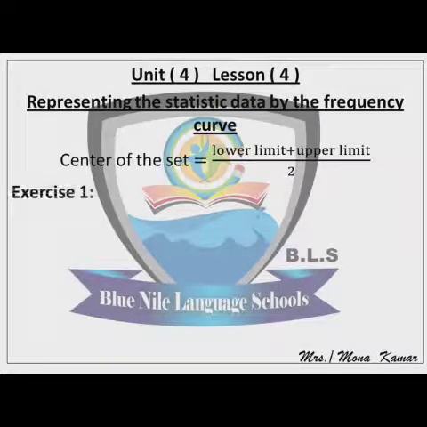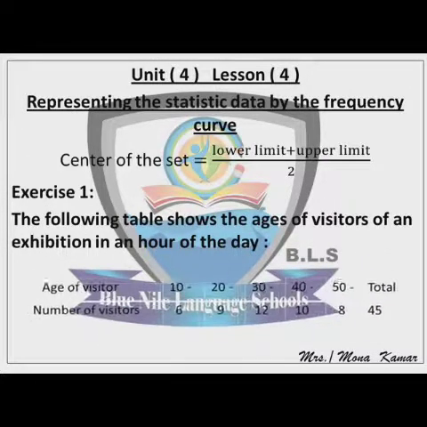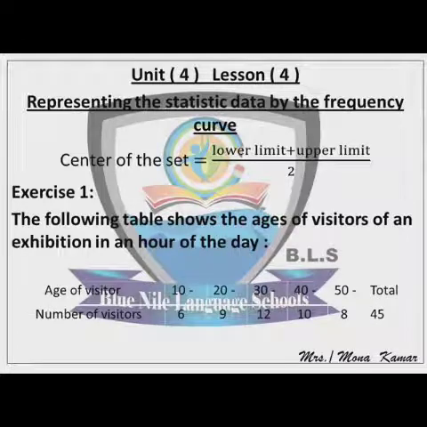Okay, let's take an exercise to represent the data by frequency curve. The following table shows the ages of visitors of an exhibition in an hour of the day. Age of visitor and number of visitors. Age 10 and more, number of visitors is 6.